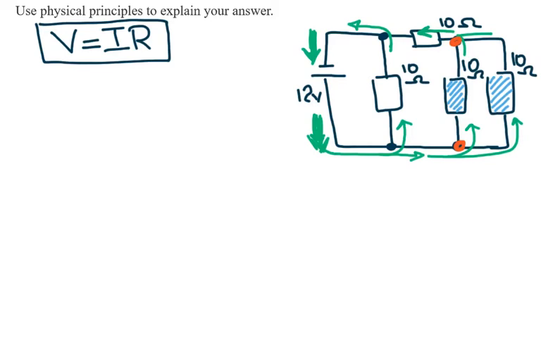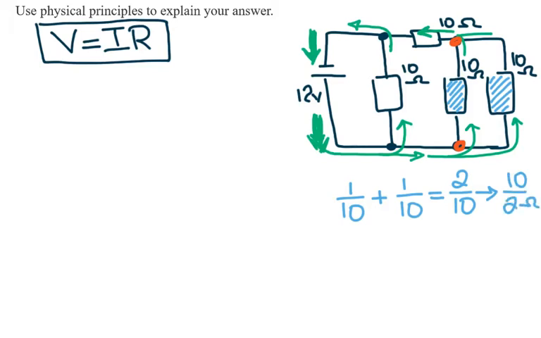So here I always do my calculations for total resistance: 1 over R is 1 over 10 plus 1 over another 10, and that gives me 2 over 10. My result, flip over, so that's 10 over 2 ohm. So my total resistance of these 2 resistors is going to be 5 ohm.